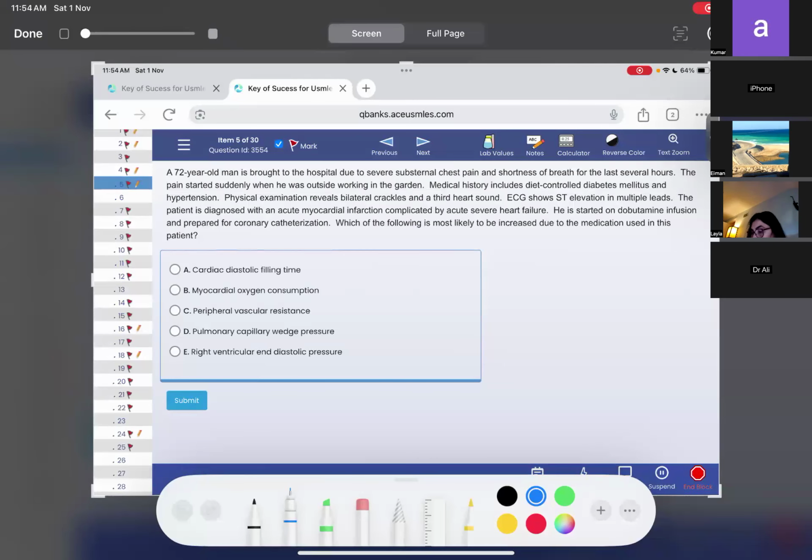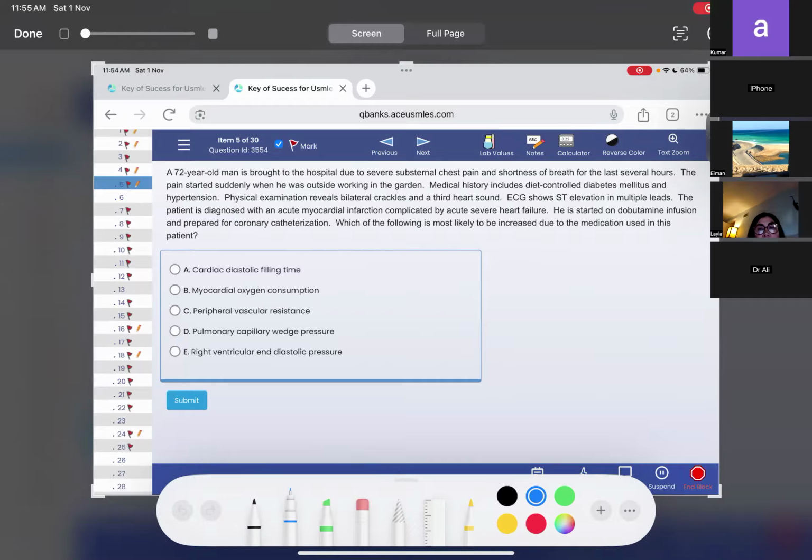Which of the following is most likely to be increased due to the medication used in this patient? A 72-year-old man is brought to the hospital due to severe substernal chest pain and shortness of breath for the last several hours. The pain started suddenly when he was outside working in the garden. Medical history includes diet-controlled diabetes mellitus and hypertension.